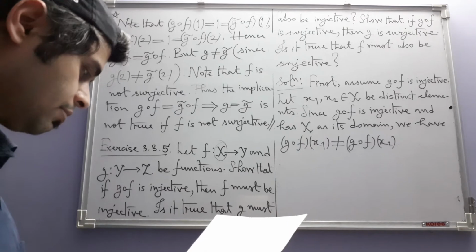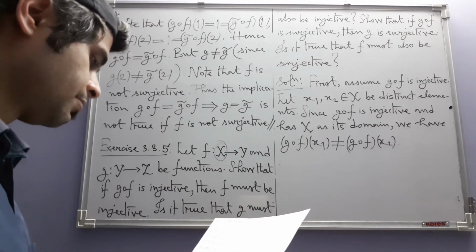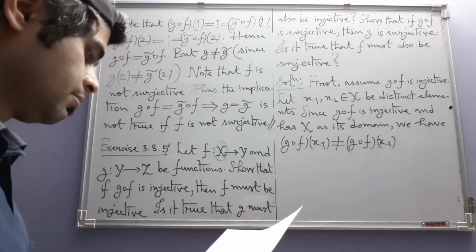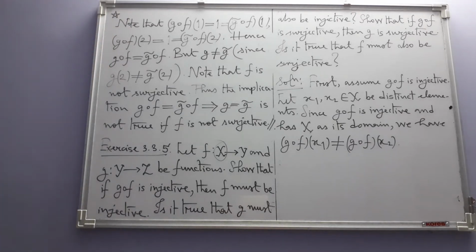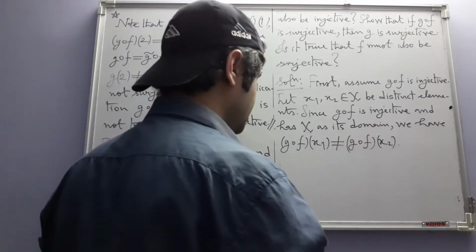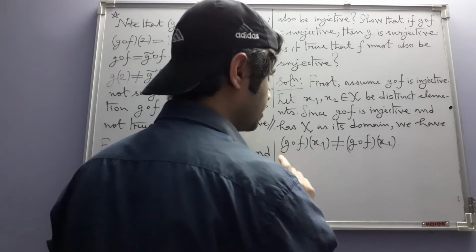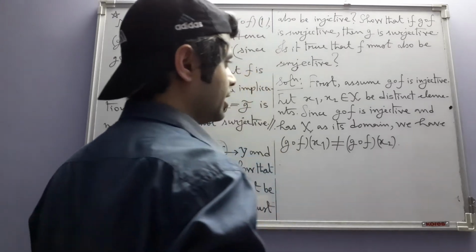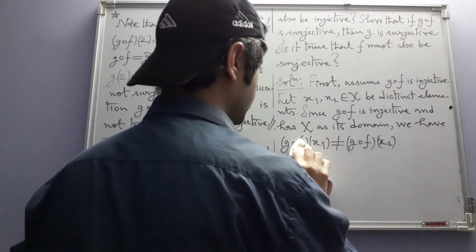Have I taken it down correctly? F must be injective. Let me see, okay. Or if I come from the other side, if I assume that f of x1 is equal to, okay, so that would be better. Distinct elements.